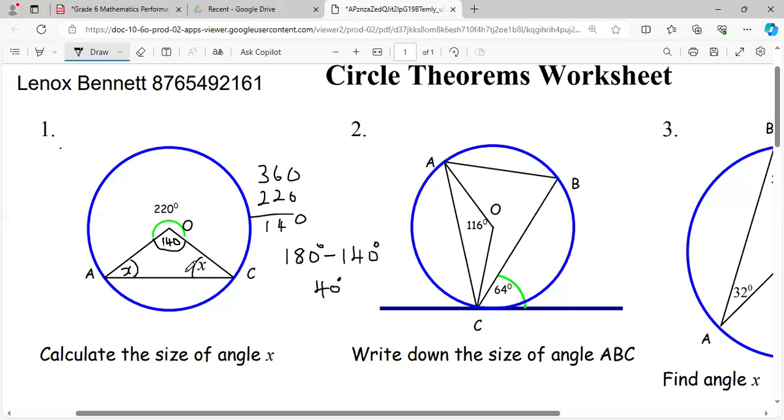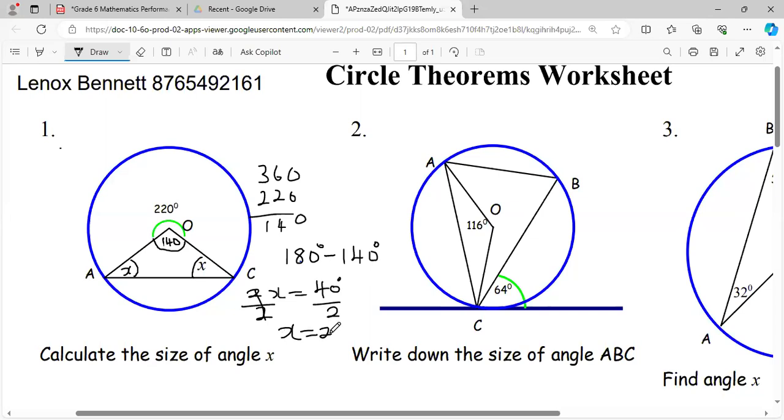It has to be shared between the two of them, because 2x equals 40. These two angles are equal and the two of them add up to 40. That means it would be divided by 2 to get the value of one of the angles, which they asked for. So therefore x is equal to 20.